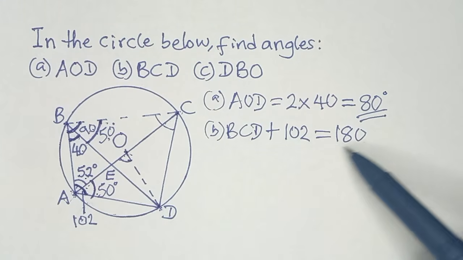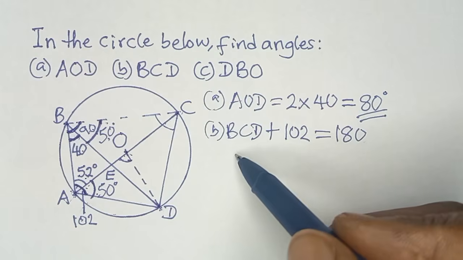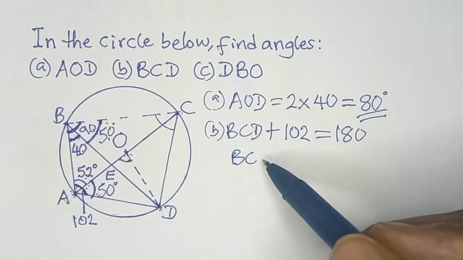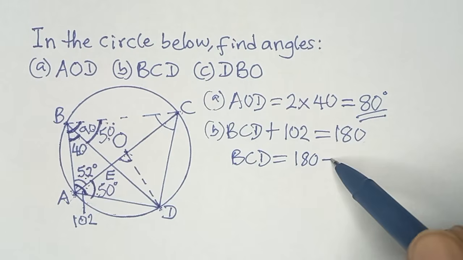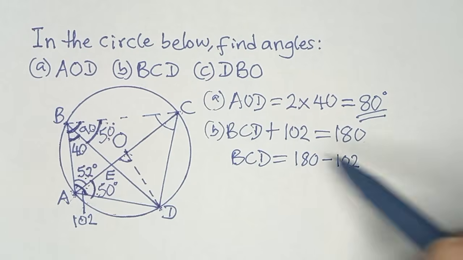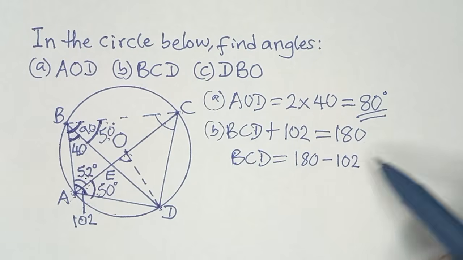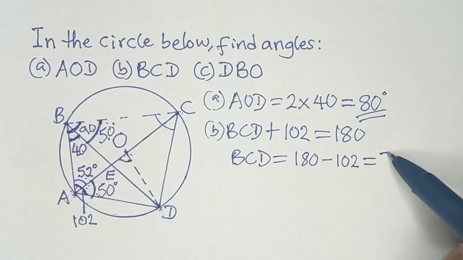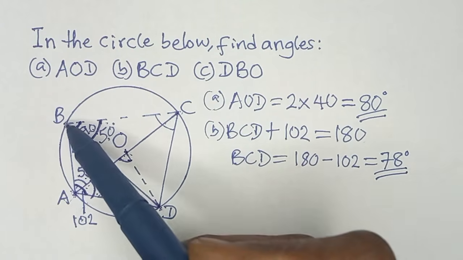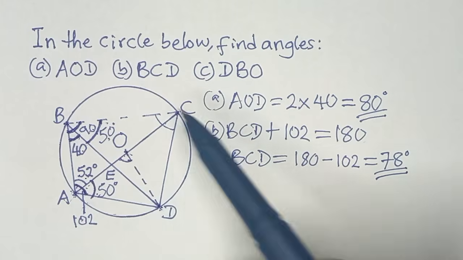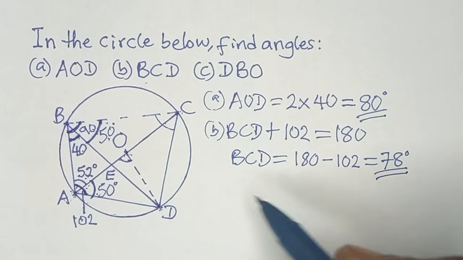Supplementary means they add up to give 180. So from there, angle BCD is equal to 180 minus 102. When this 102 comes to this side, it becomes minus. And that will give us 78 degrees as the value of angle BCD. And that is question B settled.